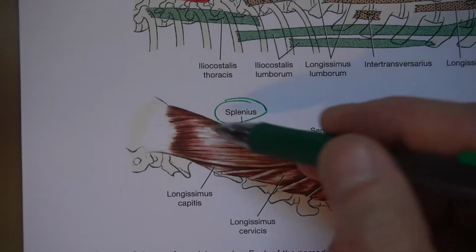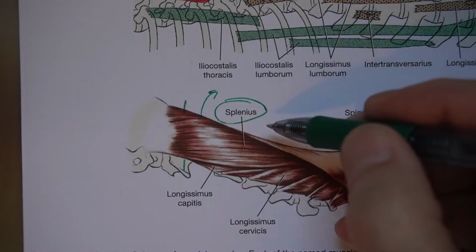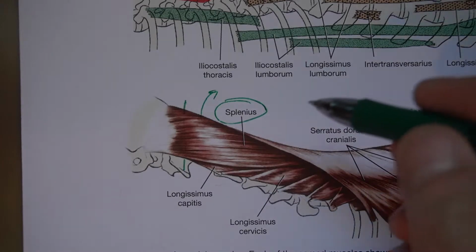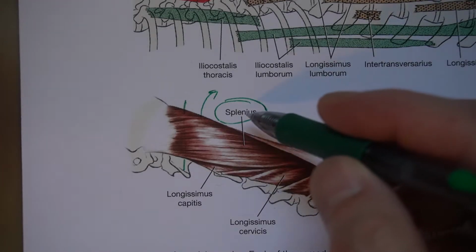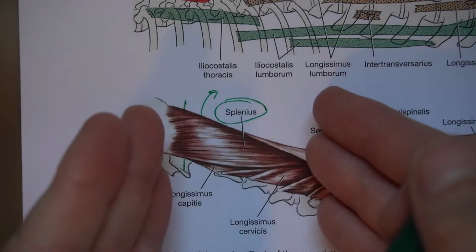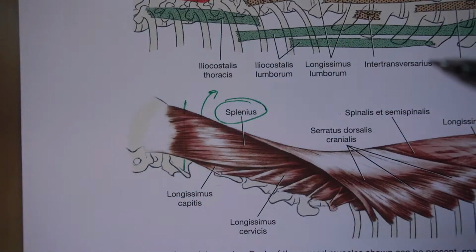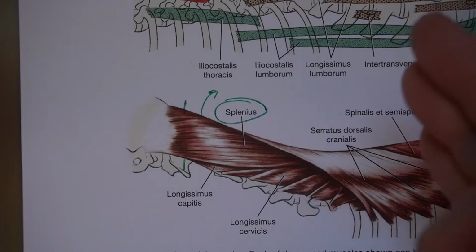And when you cut that one right here and reflect it dorsally, the semispinalis capitis shows underneath that. So the splenius and semispinalis capitis, that is the transversus spinalis system up in the head and neck region.